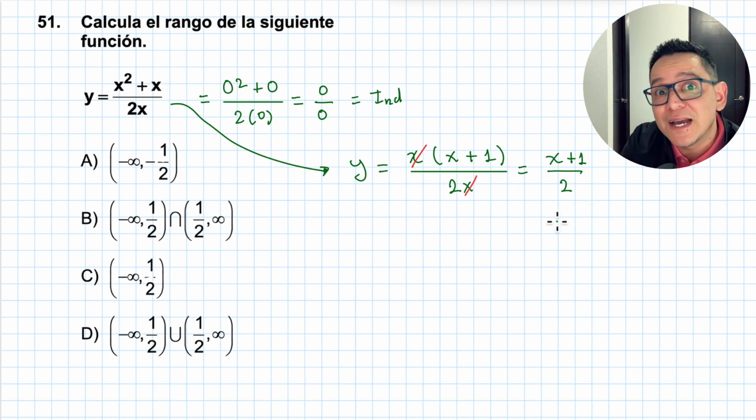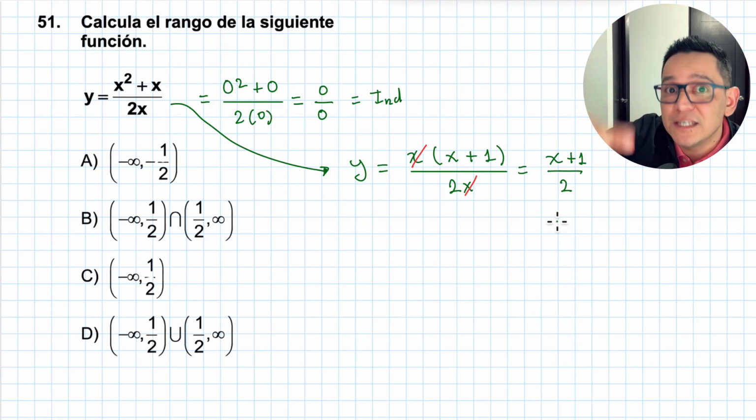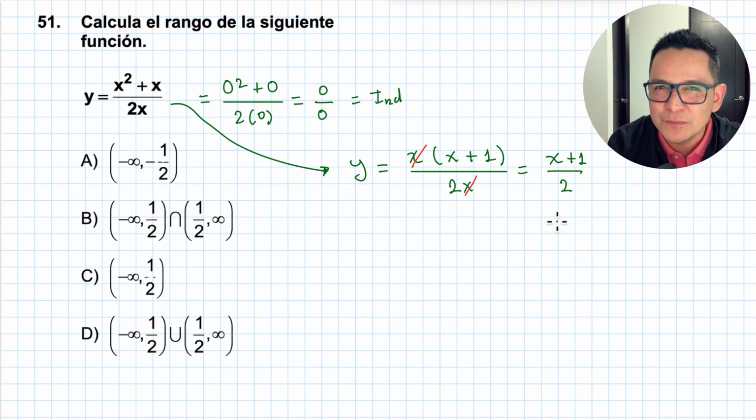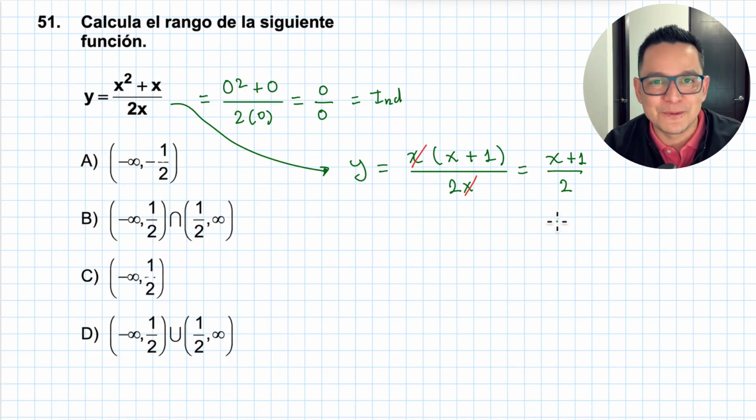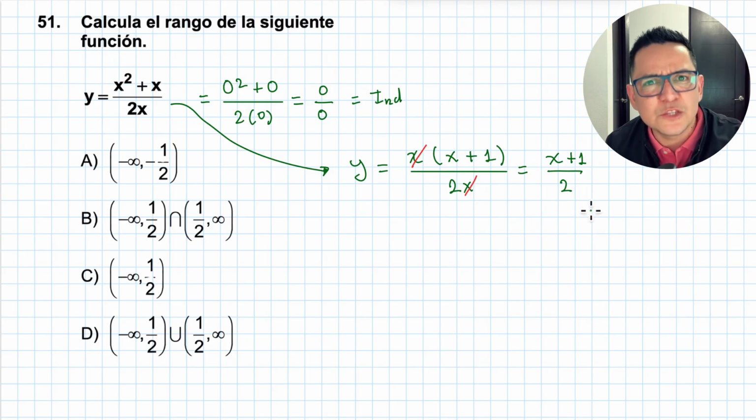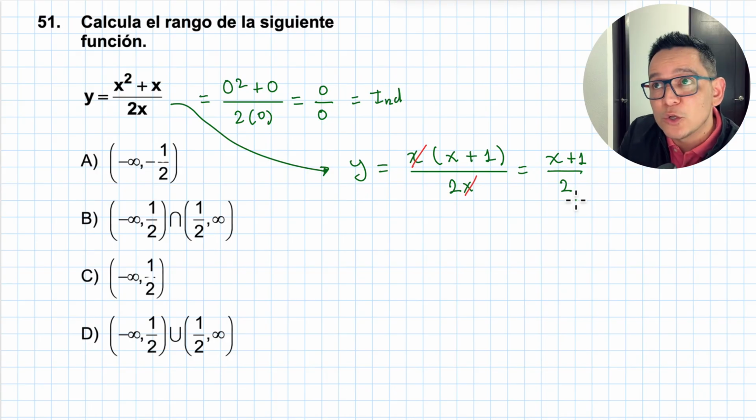So I'm going to check what happens to y when x is 0 to see what value it can't take. Let me explain. I already know that x can't be 0. Now what I'm going to do is, in this new function I have here, I'm going to substitute a 0. Why? Well, so I can see what value it won't take.